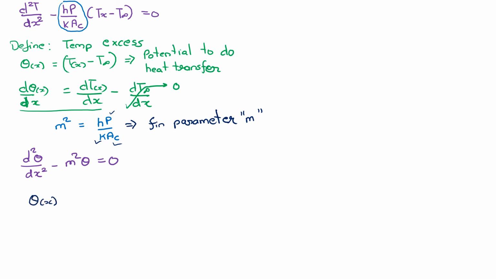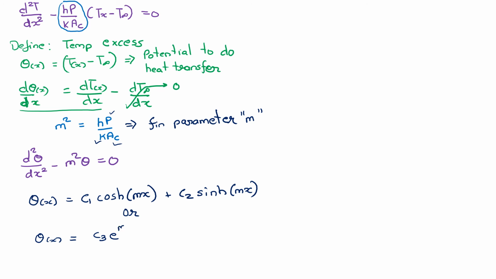And the solution for this equation is theta of x equals c1 times the hyperbolic cos of mx plus c2 times the hyperbolic sine of mx, or you can write this in terms of exponents, and if you do that, your equation will be c3, which will be a different constant of integration, into e to the power mx plus c4 into e to the power minus mx.